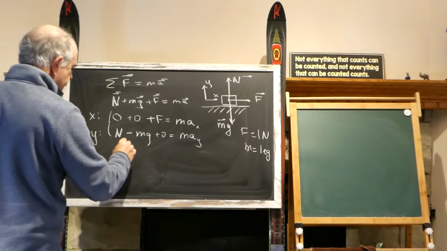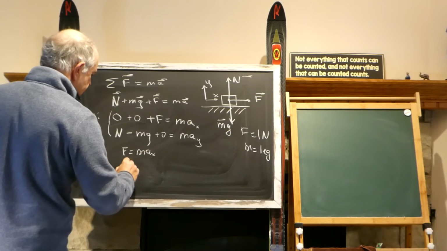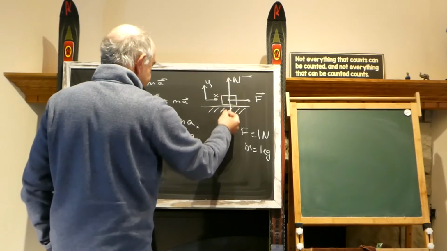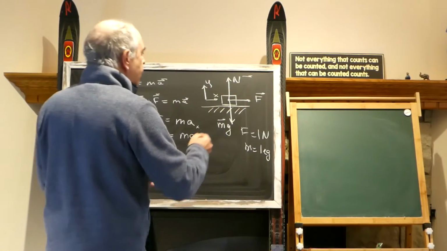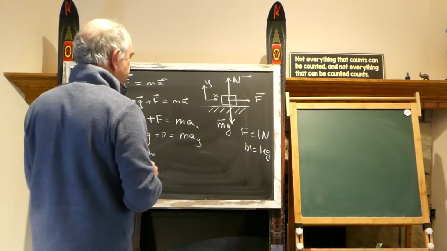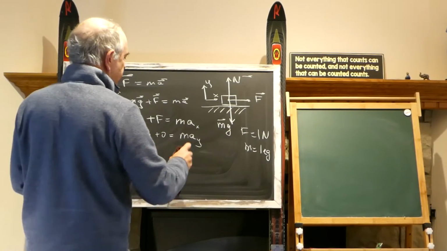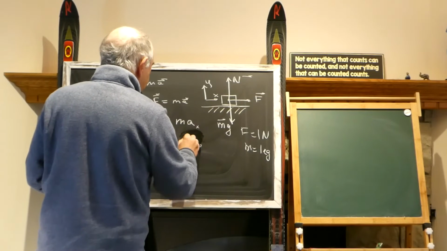Fantastic. We can say F equals m ax, and the body is not moving in this direction. So I could say that the body is moving horizontally because the body is sliding over the surface. So I can say m ay equals 0 right away.